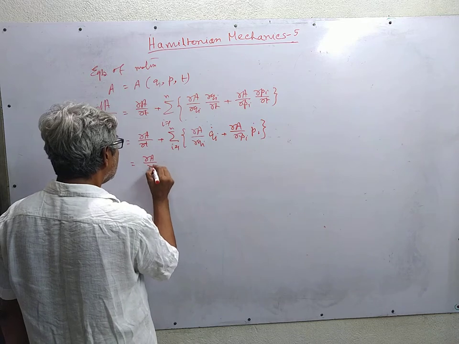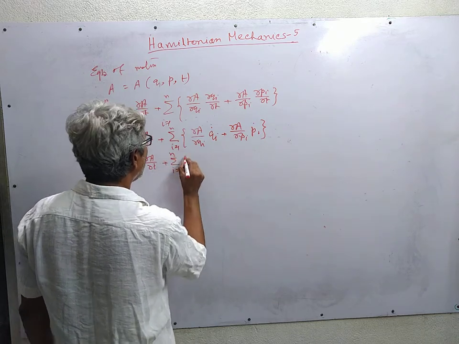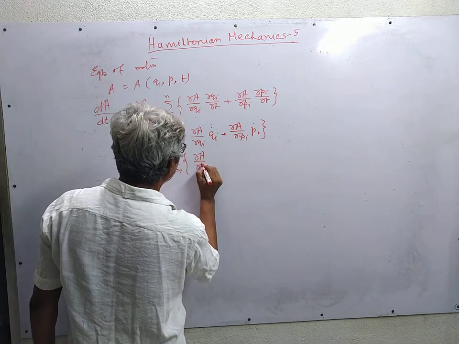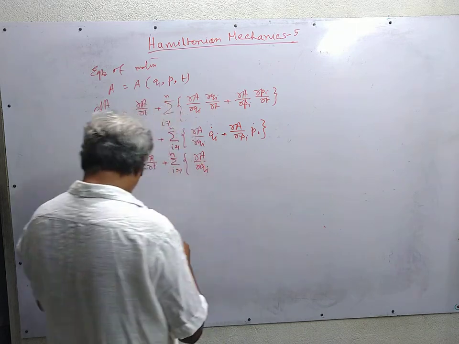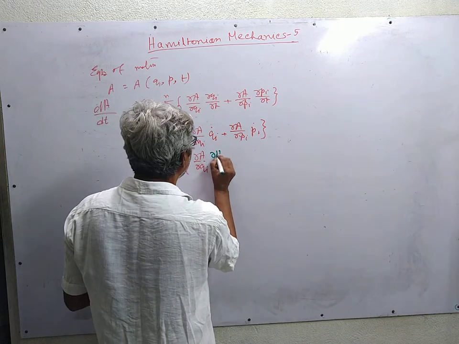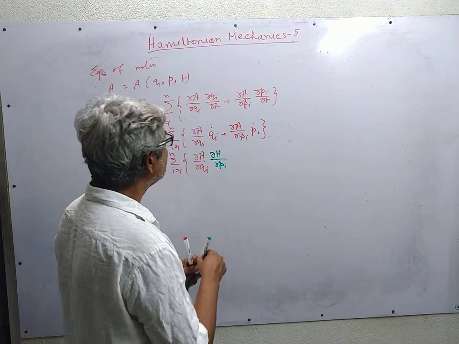Del A del t plus summation over i equal to 1 to n del A del q_i, and we write for q_i dot del H del p_i to replace it.